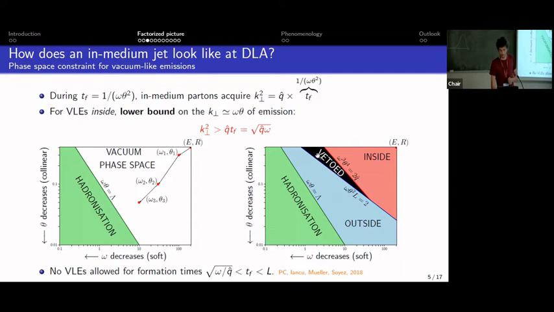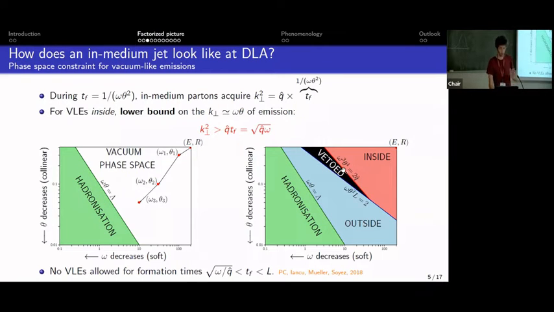So just because of these two constraints, the square root of q hat omega here in red and the t_f equals L line, we have a region which clearly separates what happens inside the medium from what happens outside. And from this basic reasoning, we expect at leading twist no radiation inside this region here.